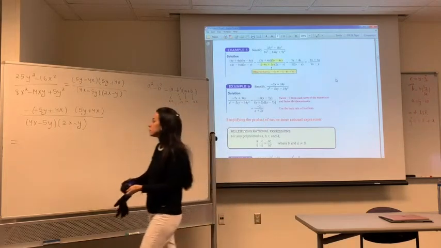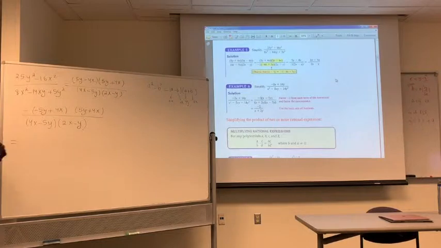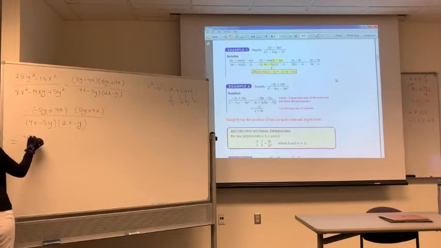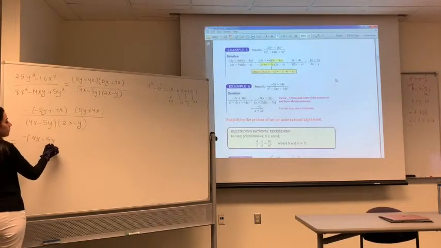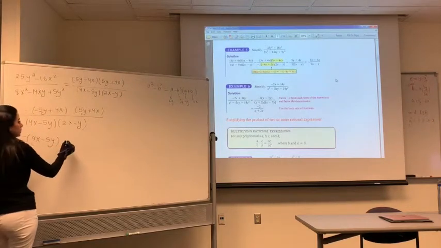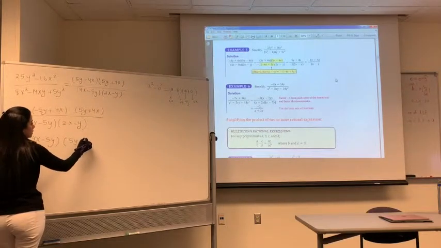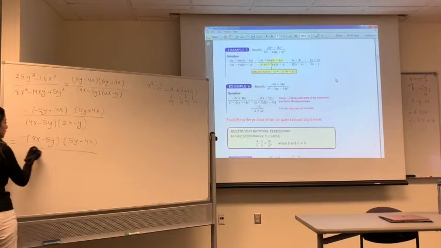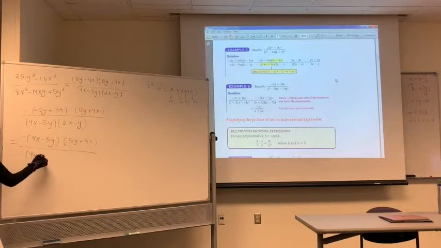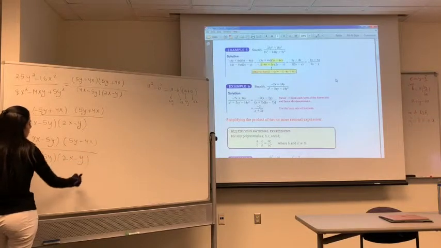So now I will rearrange these two. I will write down 4x minus 5y. Just rearrange them. Correct? Bring this one first, bring this one to the end. So 5y plus 4x divided by 4x minus 5y, 2x minus y.